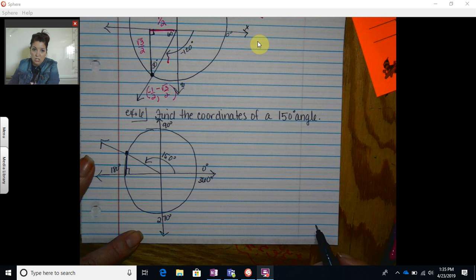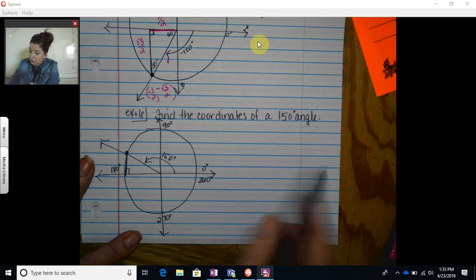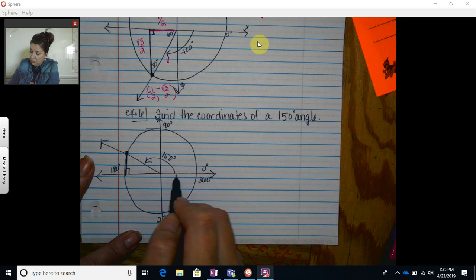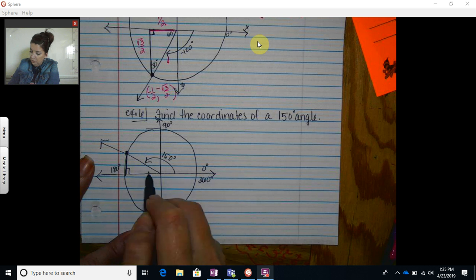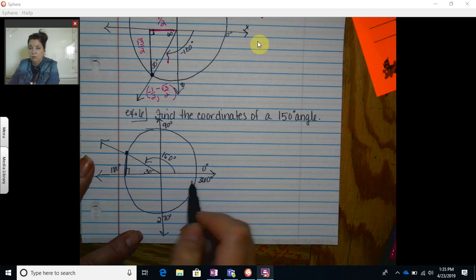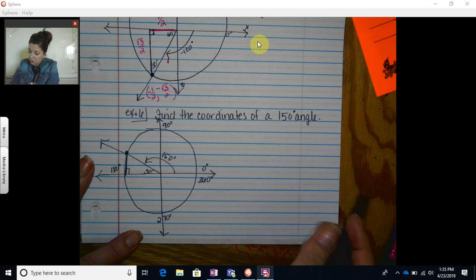So what would be the measure of theta in this case? Can't use the 150. What's going to be the measure of the other angle we formed? 30, right? It's got to be 180 all the way to the line. You know what I'm saying? So that means this would be your 60.